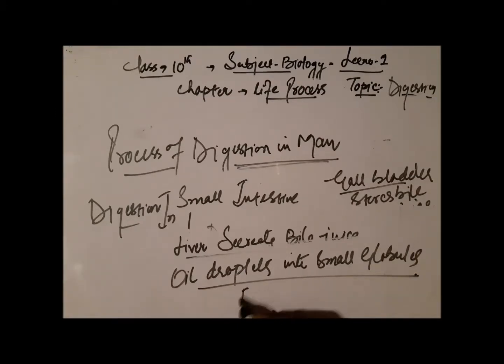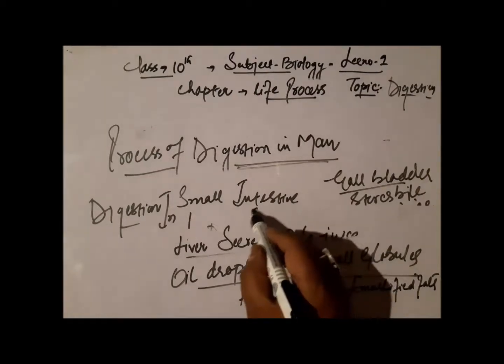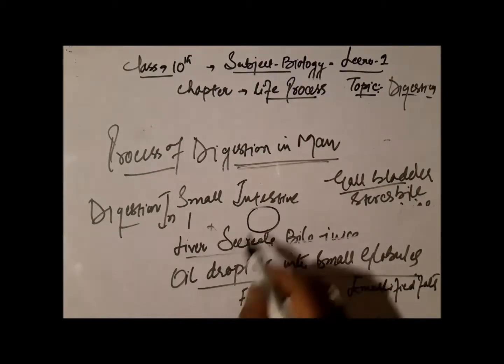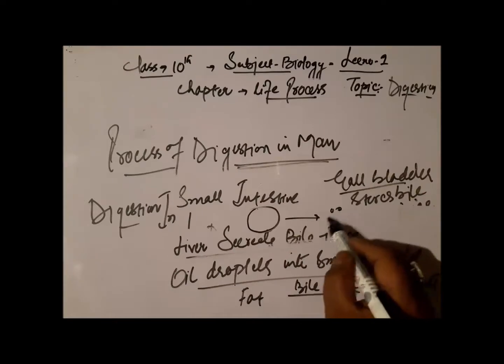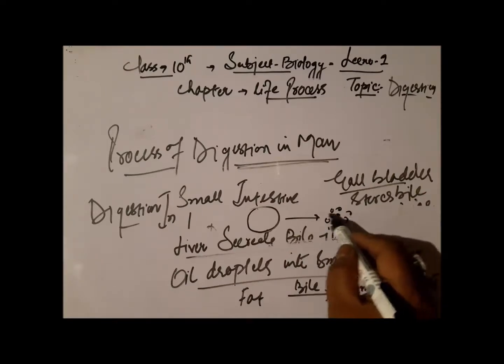So simply we can say fats with the help of bile get emulsified. So if this is a fat molecule, for example, it gets broken down into smaller fat globules.